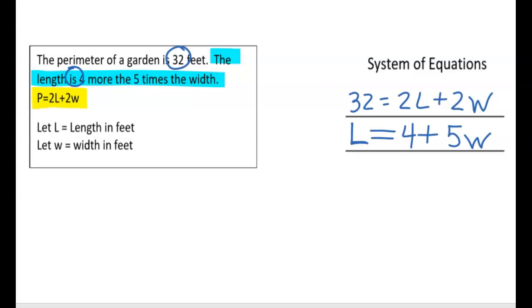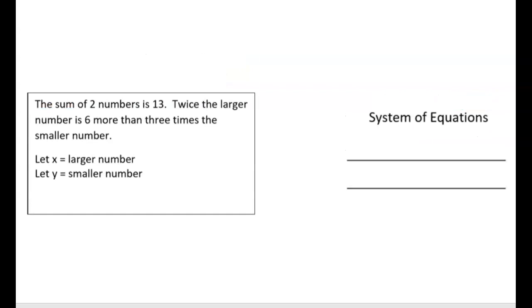Everybody got that? Again, this is a very classic type word problem, but you have to know what the words stand for. The sum of 2 numbers is 13. The larger number is 6 more than 3 times the smaller number. Do you know what the word sum means?